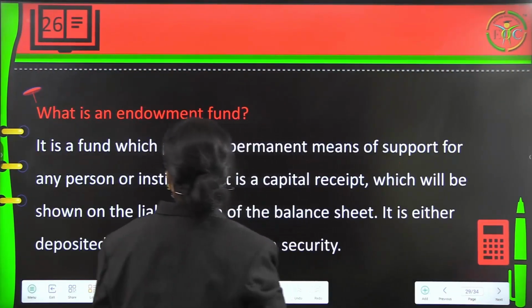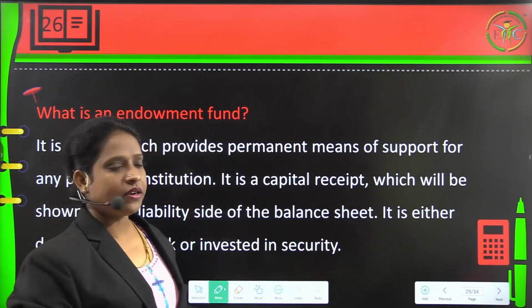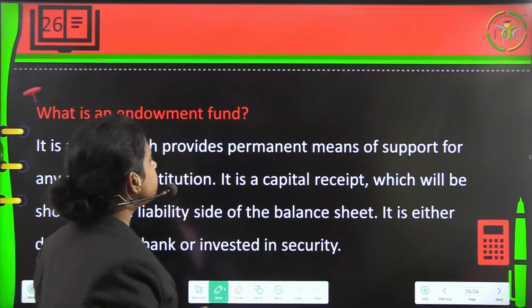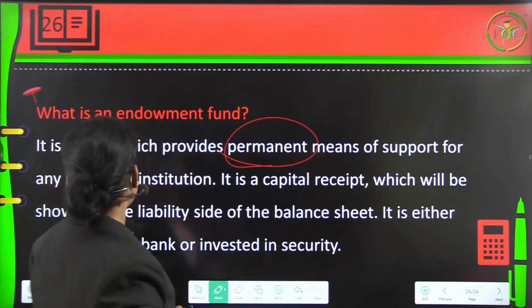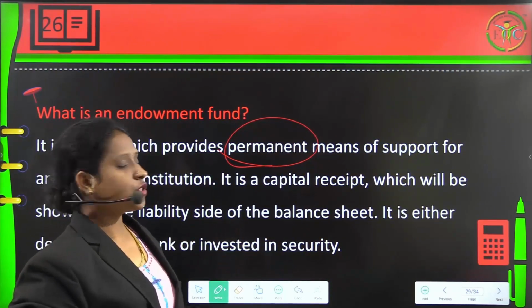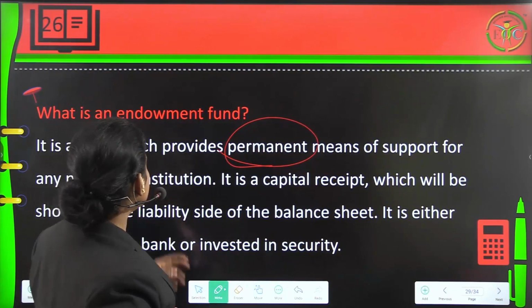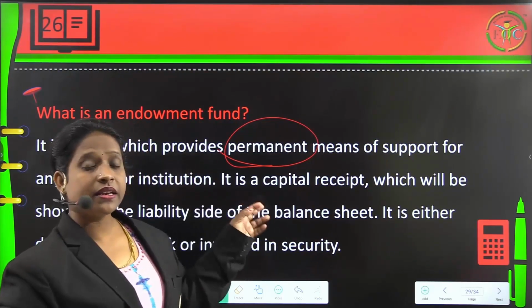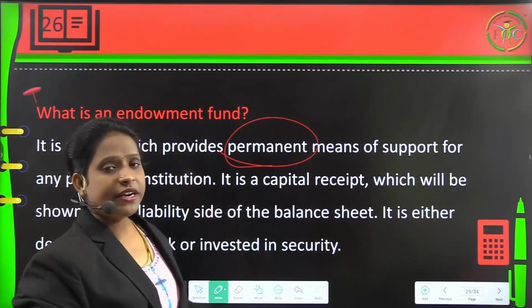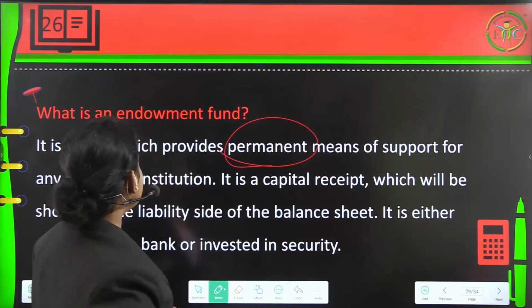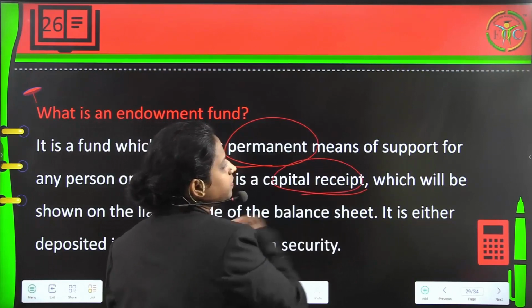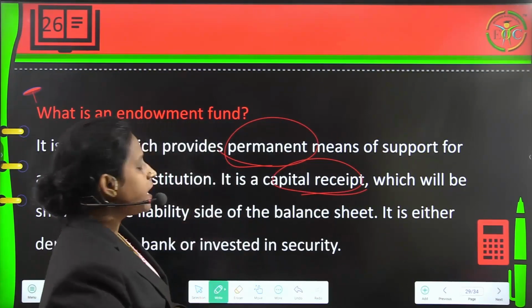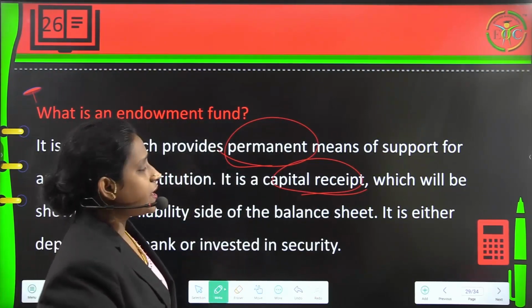Then what is an endowment fund? It is a fund which provides a permanent means of support for any person or institution. It is a capital receipt which will be shown on the liability side of the balance sheet.